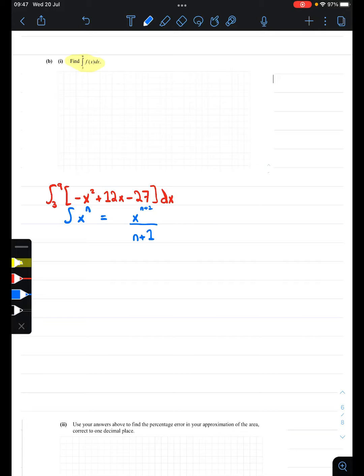Because if we remember, the integral is sort of like the antiderivative. So we think, the derivative of what would be x to the n?